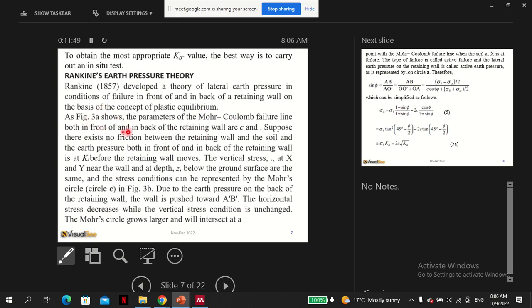Figure 3a shows the parameters of the Mohr-Coulomb failure line, both in front and at the back of the retaining wall. They are C and phi.